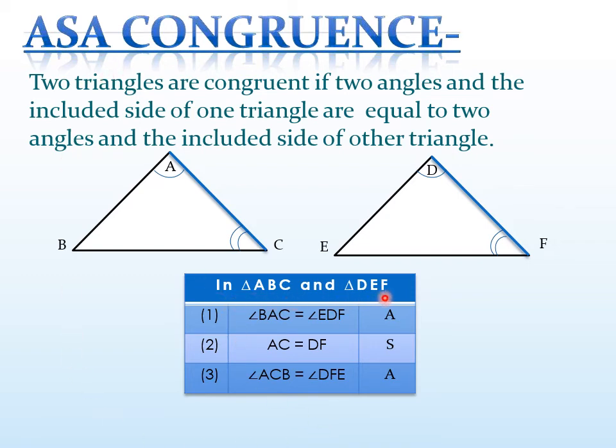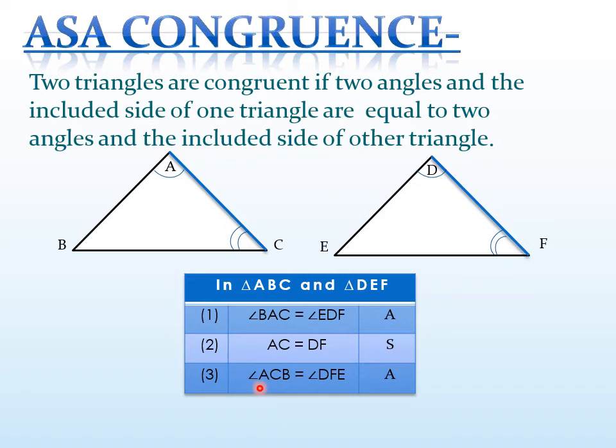See, in triangle ABC and DEF, we can see that angle BAC is equal to angle EDF. So BAC is equal to EDF, right? For that, we can take the condition angle. Next, the second condition says that AC is equal to DF. For that, we have a valid side.